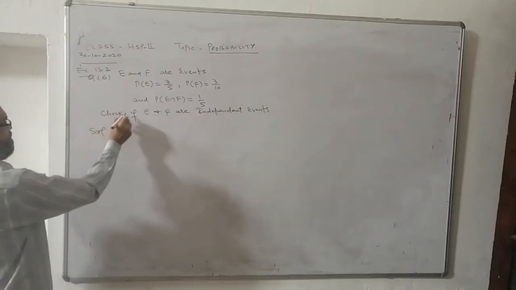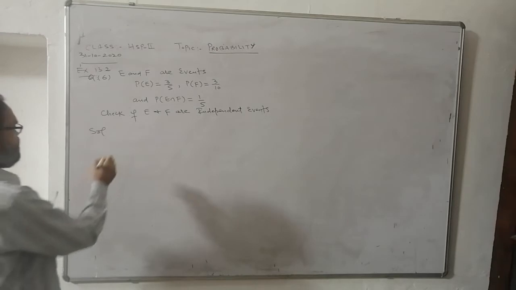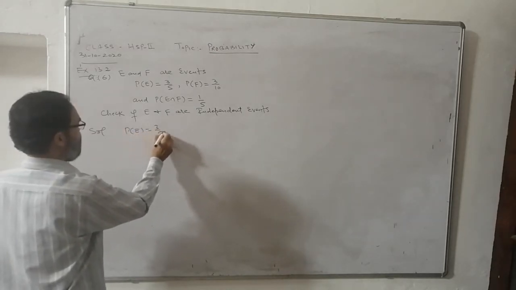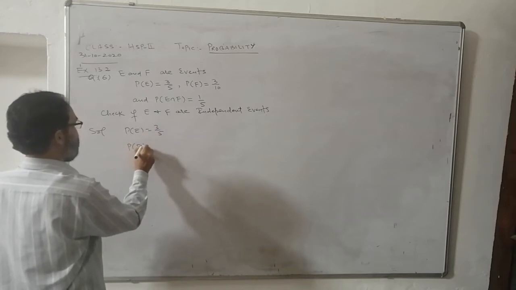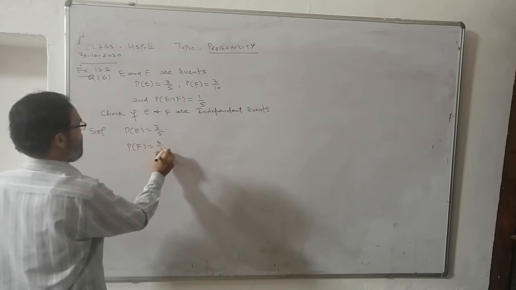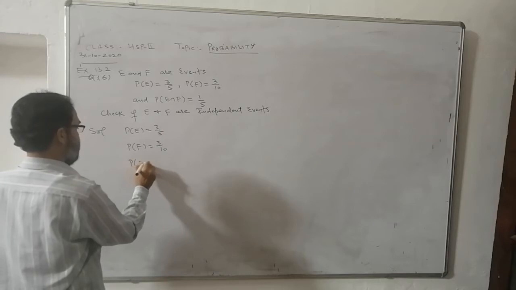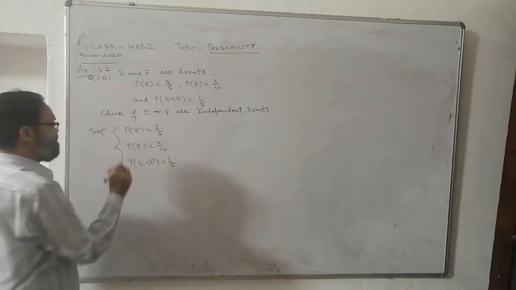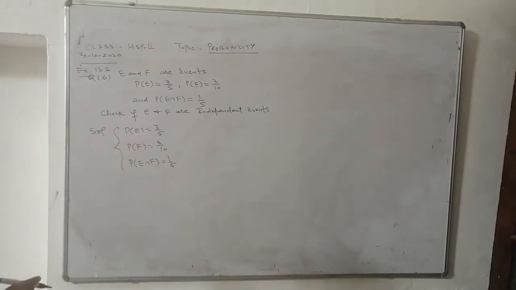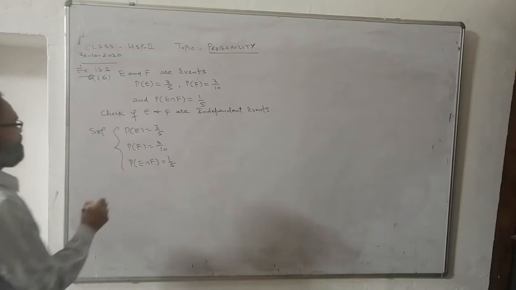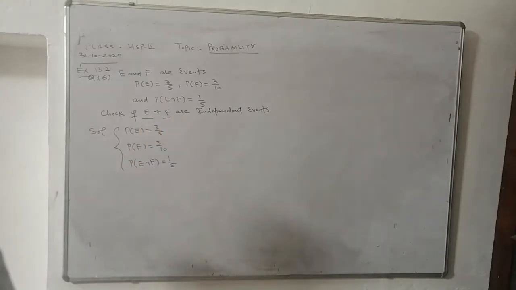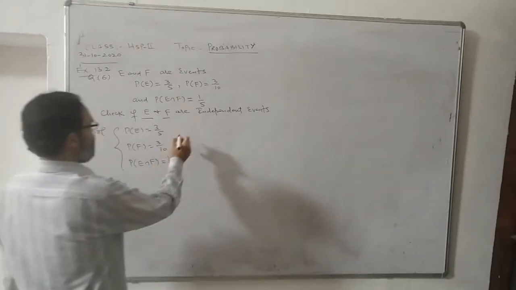It is a short type question, given probability of E 3/5, probability of F 3/10 and probability of E intersection F is 1/5. So these three values are given, and we have to check whether E and F are independent or not.